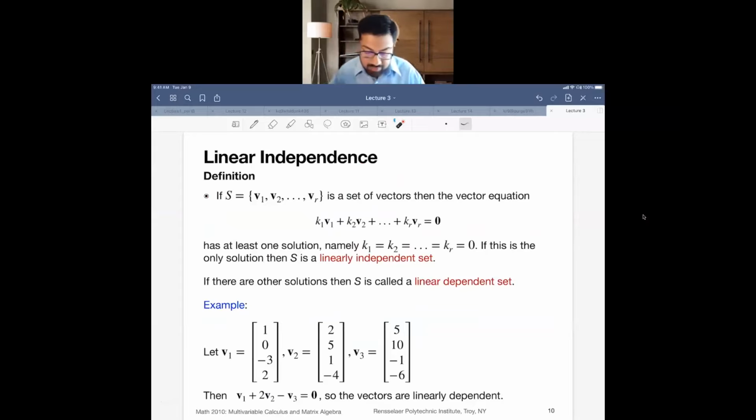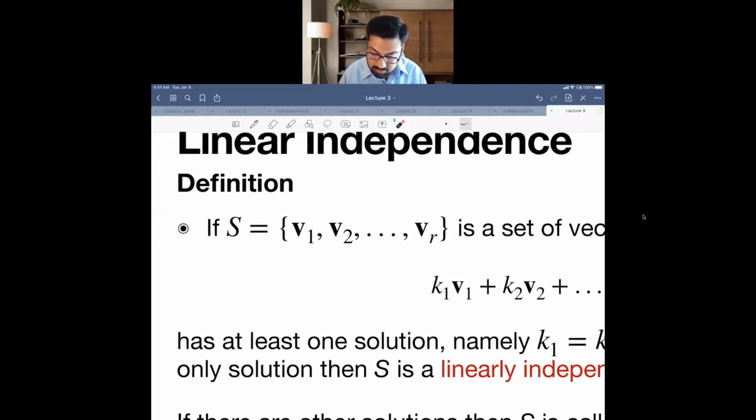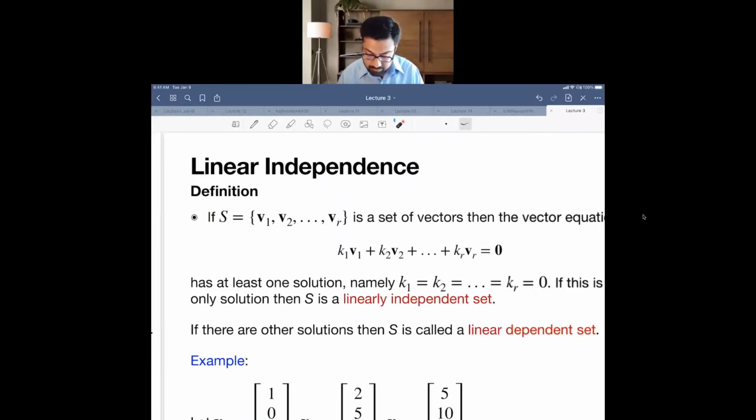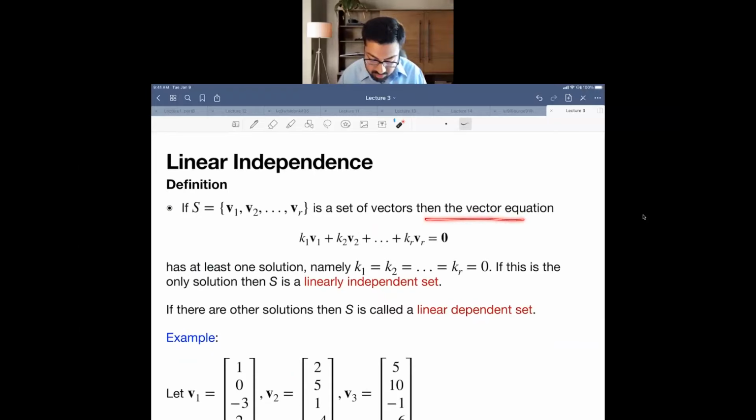We have a set S of vectors: v1, v2, and so on up to vr. The vector equation for this is k1 v1 plus k2 v2, and so on up to kr vr, where k1, k2, k3, up to kr are scalars.